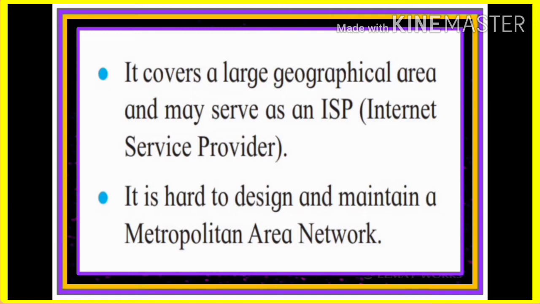It covers a large geographical area and may serve as an ISP, that is Internet Service Provider. It is hard to design and maintain a metropolitan area network. Internet service providers, that is ISP, belong to this category, that is metropolitan area network. Designing and maintaining a MAN is quite hard as compared to LAN.